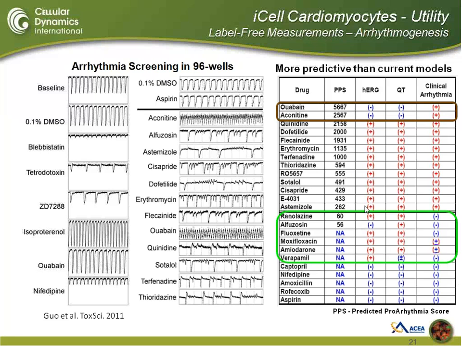And for their standard compounds, which were detected in everything, they were detected as well in the iCell cardiomyocytes, and the compounds which were detected in nothing as no risk were, again, ranked very low with the iCell cardiomyocytes. So here you have a good example of the iCell cardiomyocytes really being used as a more predictive model over many other in vitro tests to look at the in vivo phenotype.